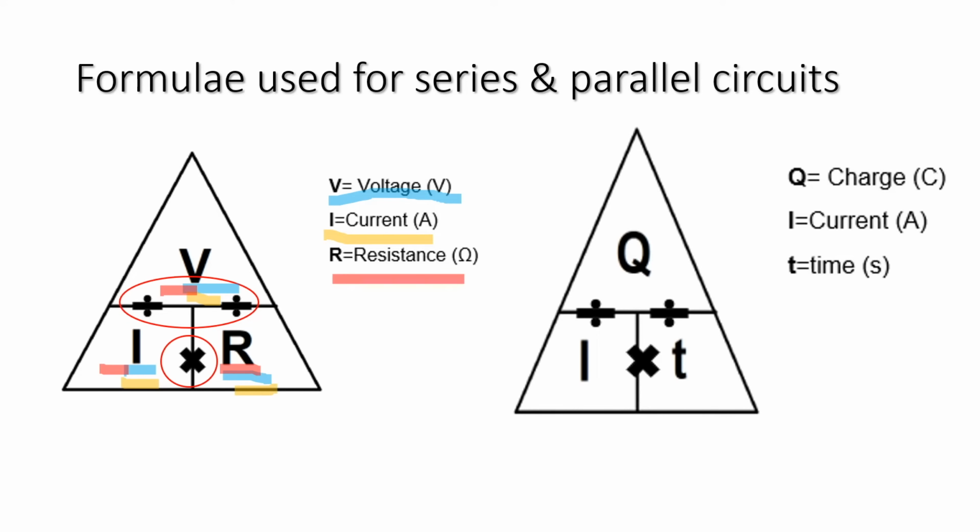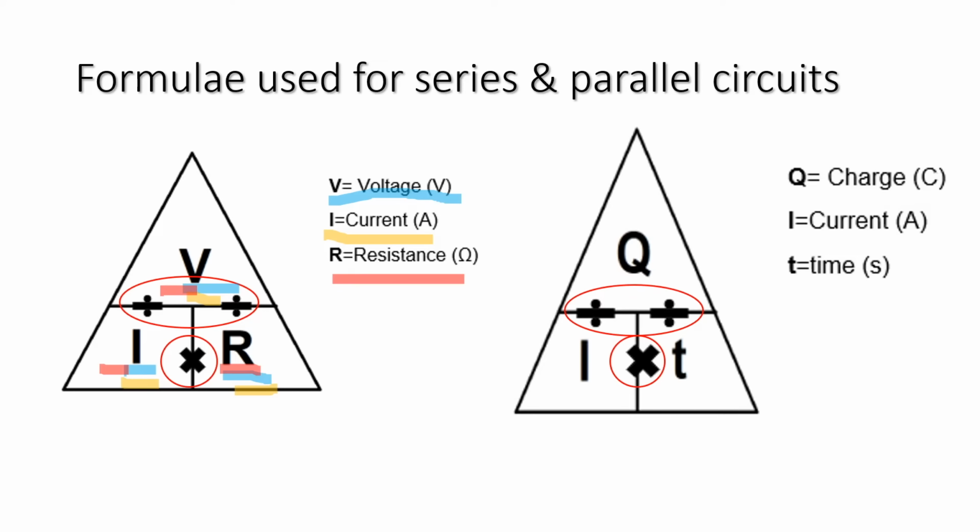Our second triangle is our QIT triangle, where Q represents charge and we measure it in coulombs, I represents current and we measure it in ampere, and T represents time and we measure it in seconds. Same rule applies with our dividing and our multiplying.